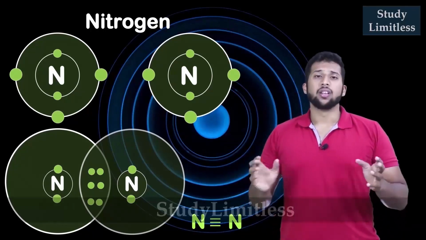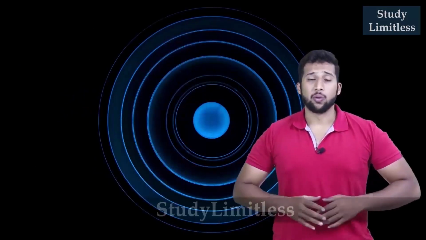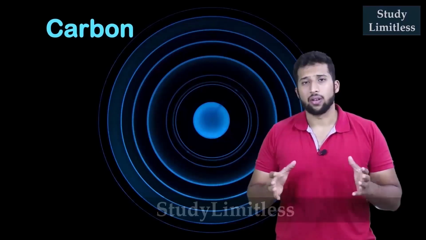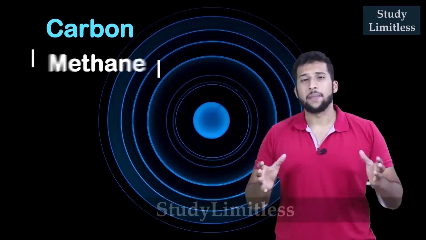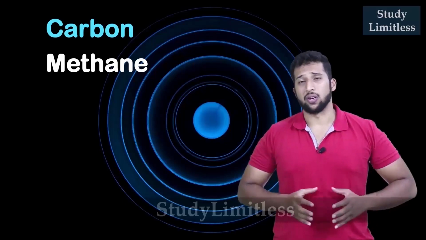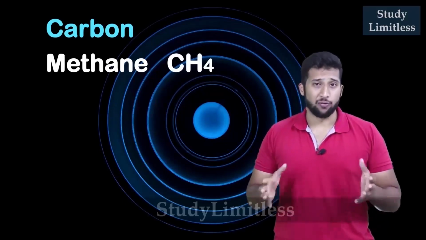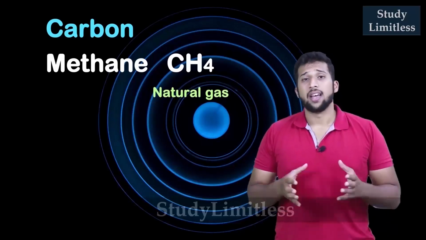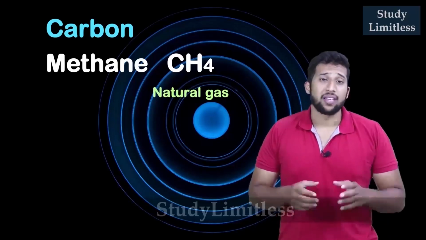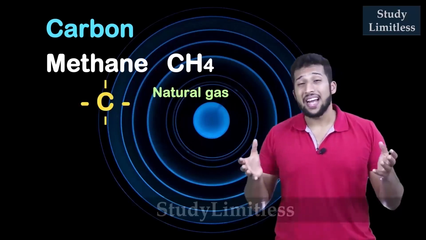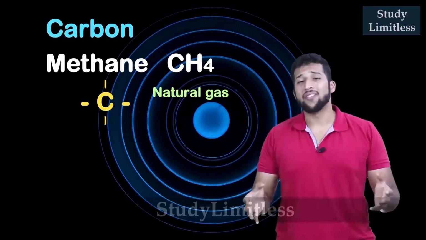Now, let's move on to the guest of honor, carbon. Let's try and make a methane molecule using this dot and cross structure. If you do remember, methane is CH4, which is natural gas. And as we have said already, carbon has a combining capacity of 4. That means it can attach itself to 4 different atoms.